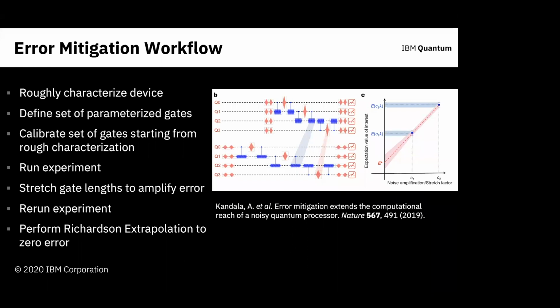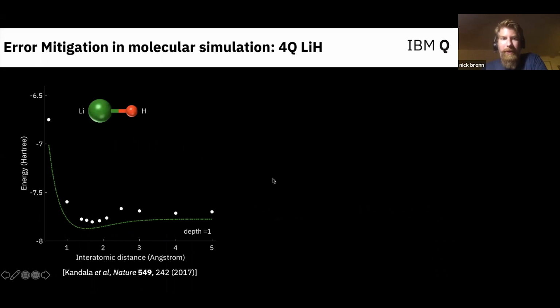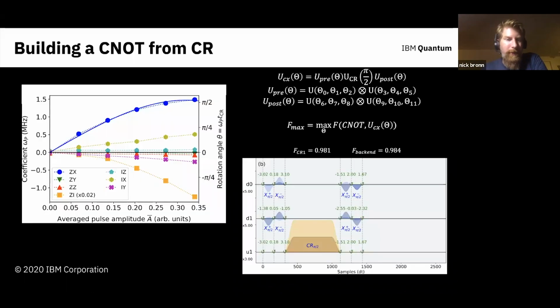Yes, it'll probably take a while because you have to calibrate each one of these pulses a little bit better. One of the tricky things is, as I showed you in this Hamiltonian tomography, that initially, back in an older paper, we were keeping ourselves in a linear regime because we thought if we saturated the pulse, it wouldn't be a good idea. But then later on, we changed our minds and found out that if we just want to do a CNOT, then we can operate at a higher amplitude and we don't care as much about the linearity.